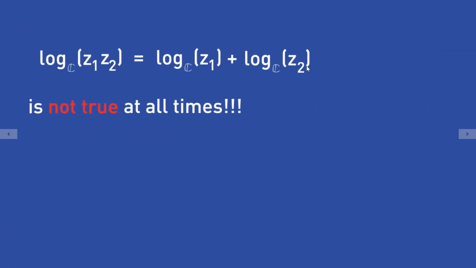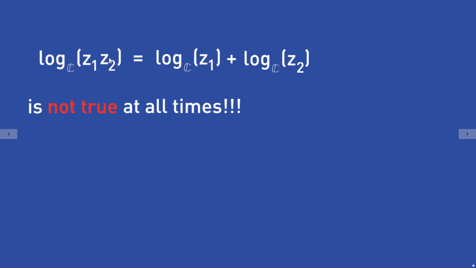So the calculation rule that the complex logarithm of z1 times z2 is equal to the complex logarithm of z1 plus the complex logarithm of z2 is not true at all times. So it is not true for all complex numbers z1 and z2.